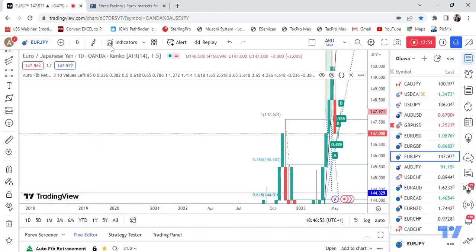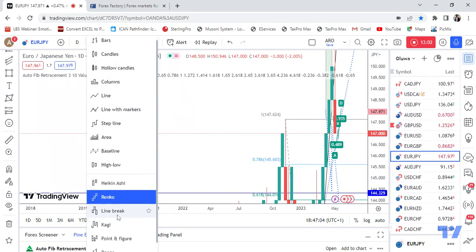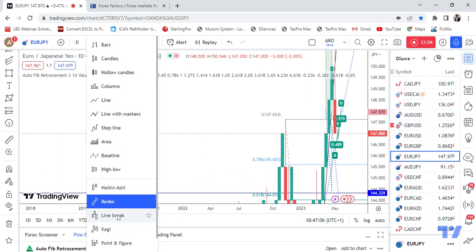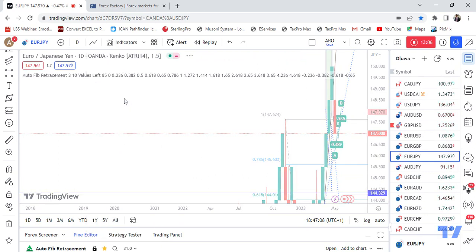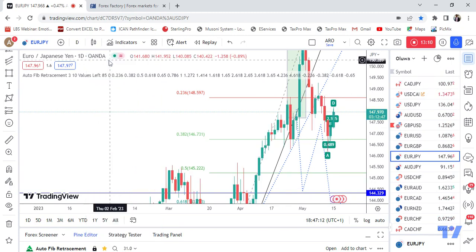Some will not work because this is a free version, so not all those things work perfectly. So we can use the line chart, or the candlestick, which is the normal candlestick.